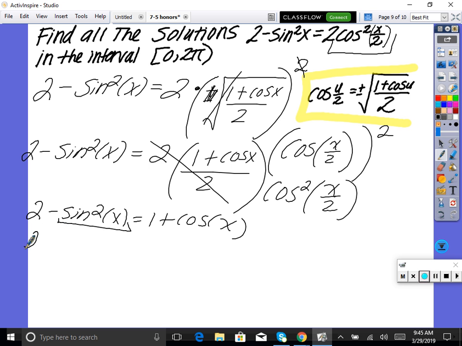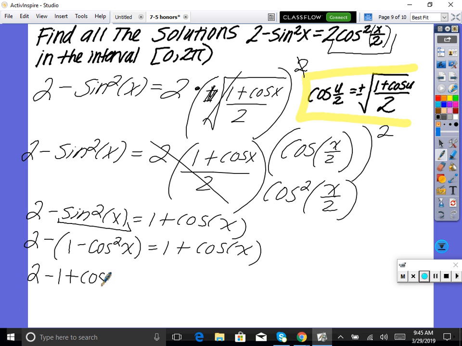So we have 2 minus parentheses, 1 minus cosine squared, isn't it? Because we need it to be all the same trig functions, otherwise we can't factor it. So now I would distribute my negative through. So that's 2 minus 1 plus cosine squared x equals 1 plus cosine of x.